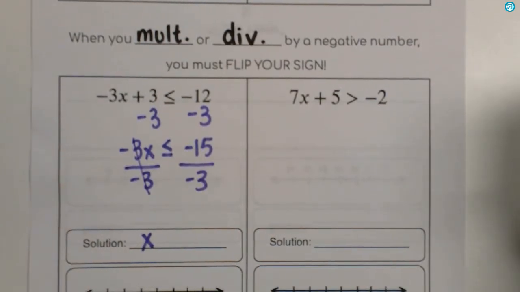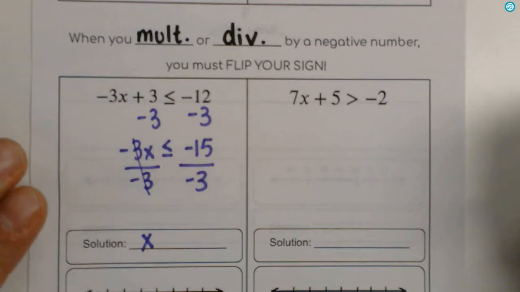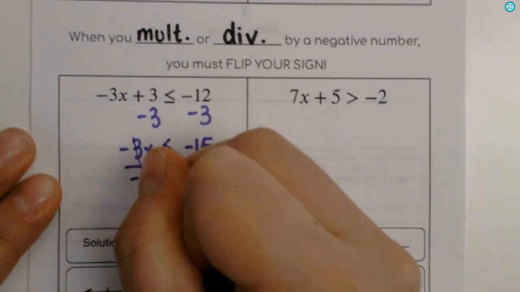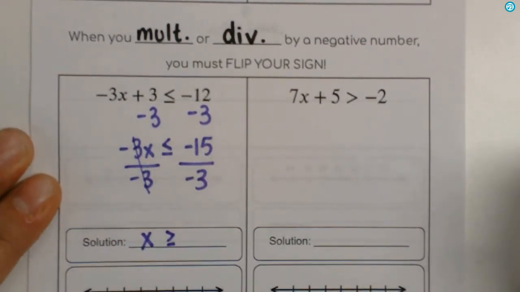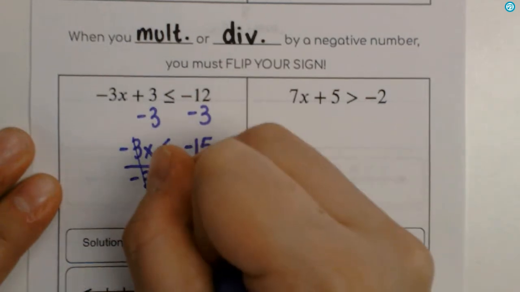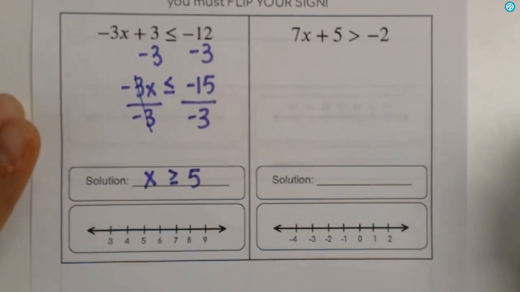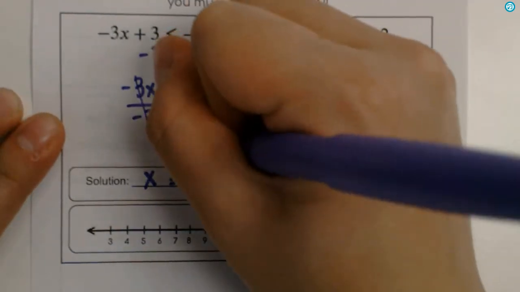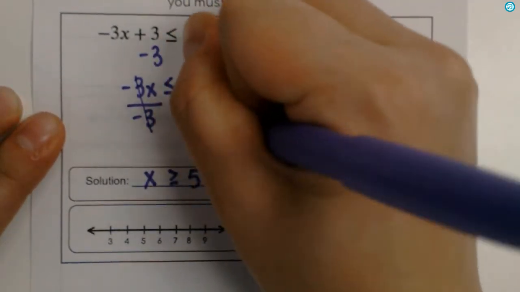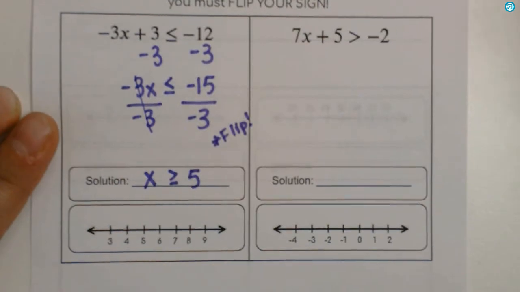Did I multiply or divide by a negative number? Yes, I just divided by negative 3. So when I divide by negative 3, I need to flip my sign. It becomes greater than or equal to. And then negative 15 divided by negative 3 is positive 5. So I get x is greater than or equal to 5. If you want to put a little note to yourself that says flip, you can.